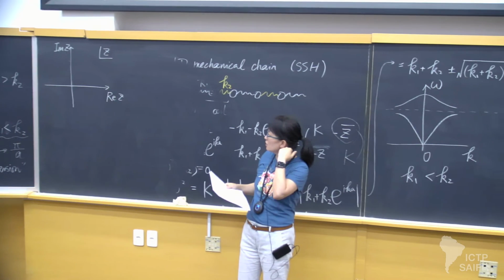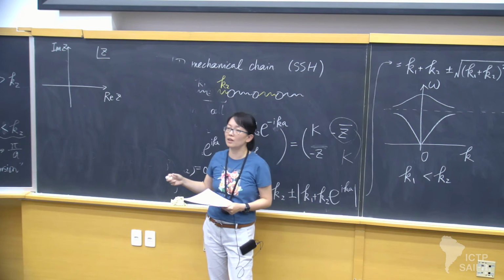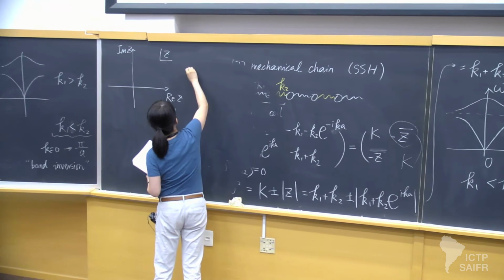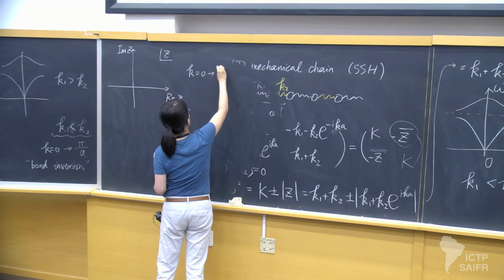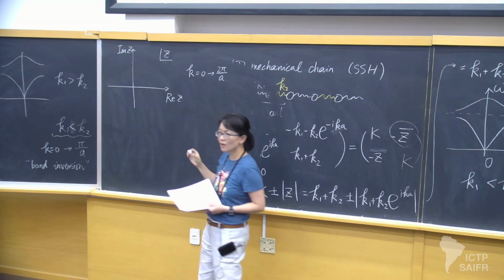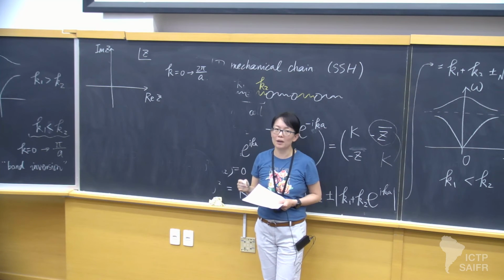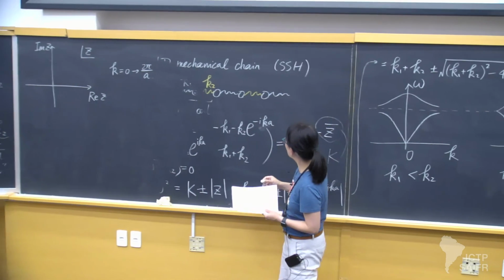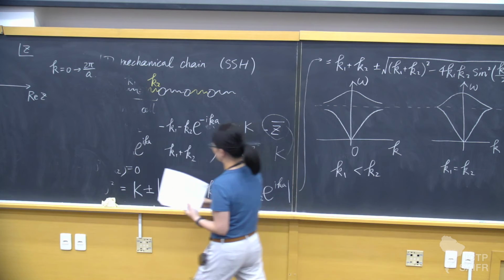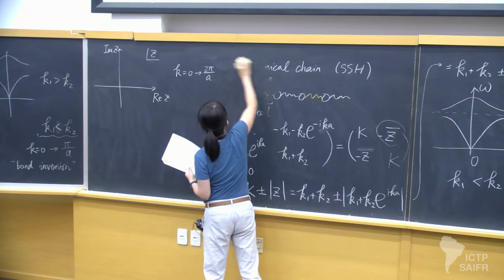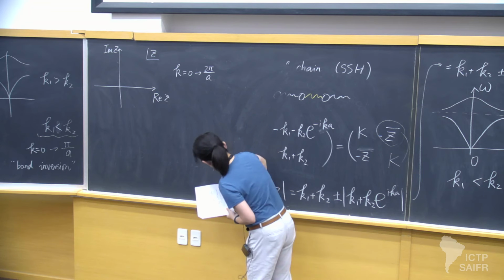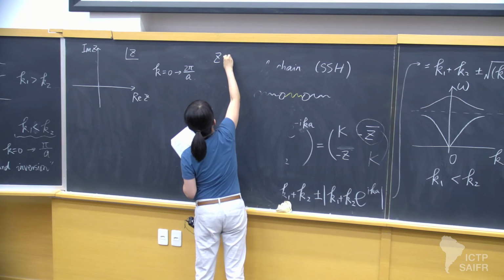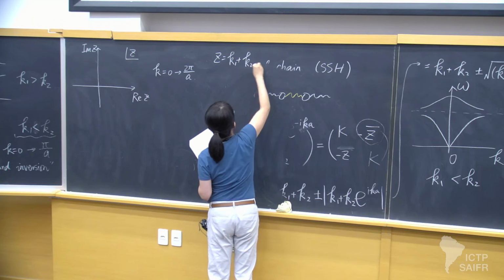So what does it look like? If I draw a circle around the first Brillouin zone, which means if I let K go from 0 to 2 pi over a, what is the path of the complex valued Z? Remember, Z is defined as K1 plus K2 times e to the ik.